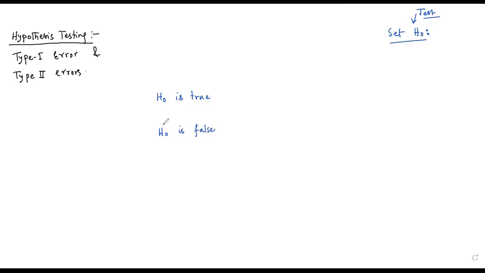Suppose I am declaring something about the population mean, or about the population standard deviation. Say, for example, I'm saying that all over the world, the percentage of COVID affected people is less than 50%.